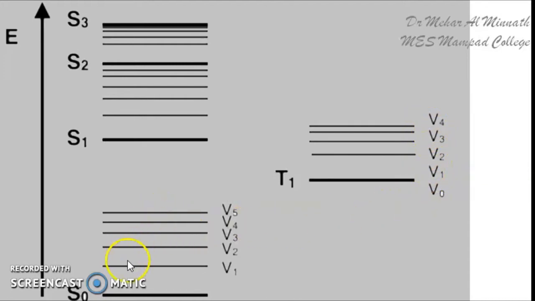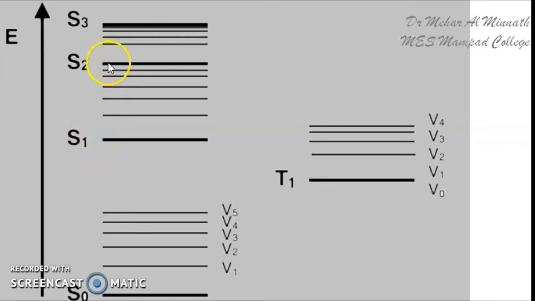Now as the number of the electronic energy state increases, or as the energy level of the electronic state increases, the difference in the energy becomes less. See here, you can see the difference between the ground state and the first excited state in the singlet state is more than between the first singlet excited state and the second singlet excited state.